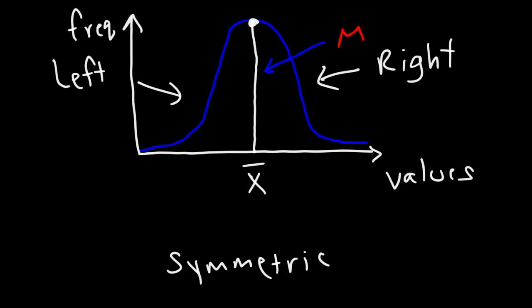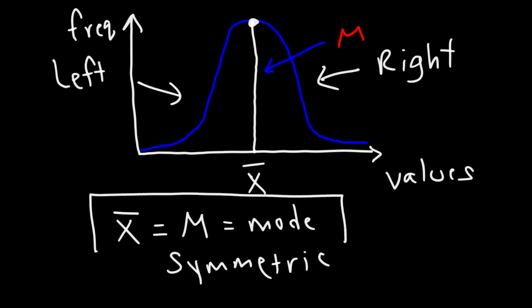So for a symmetric distribution that is unimodal, where you have one mode, the mean is the same as the median, which is also the same as the mode. So remember, the mode occurs when the frequency is at its highest. It's the number that appears most often in a list. Now let me give you an example of a unimodal graph.